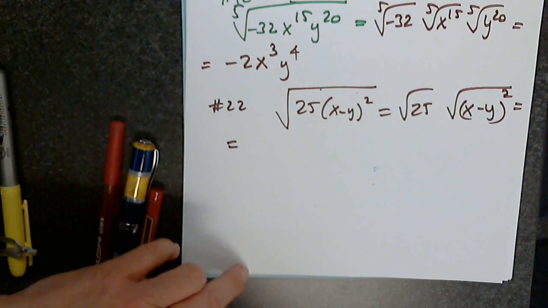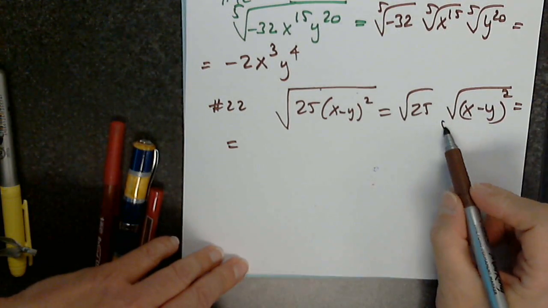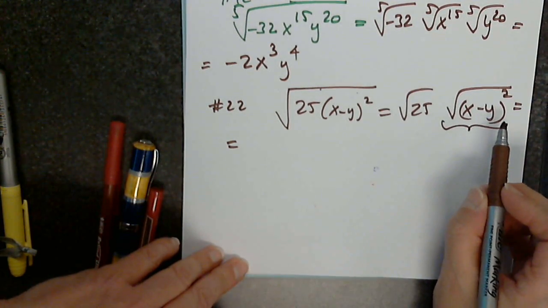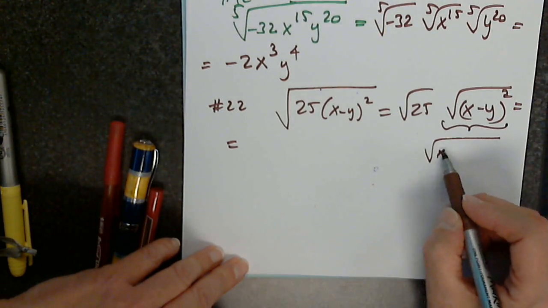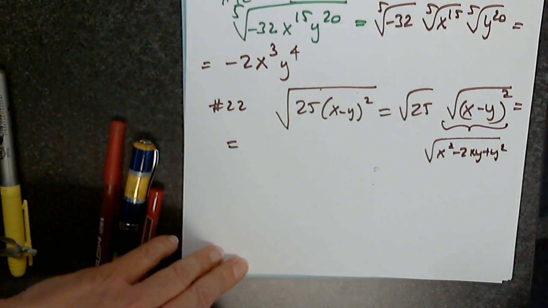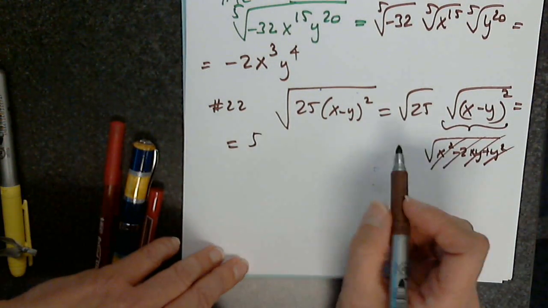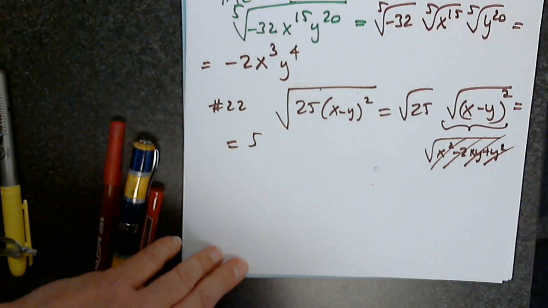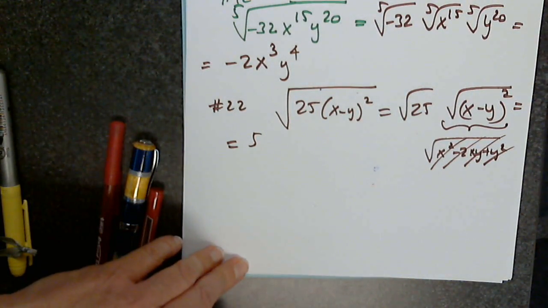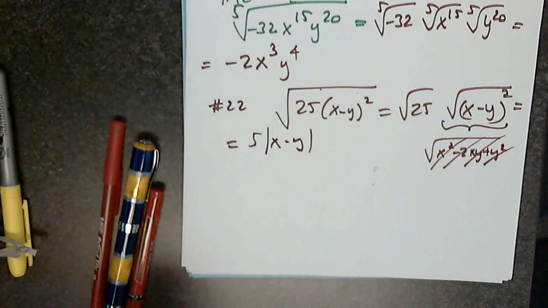If you expand it, you will not be able to apply the square root to it. If you write x squared minus 2xy plus y squared, you will never be able to simplify it. But because it's to the second power and it's a square root, it's just x minus y. Right, but it says x and y can be any real number. Absolute value. Very good.